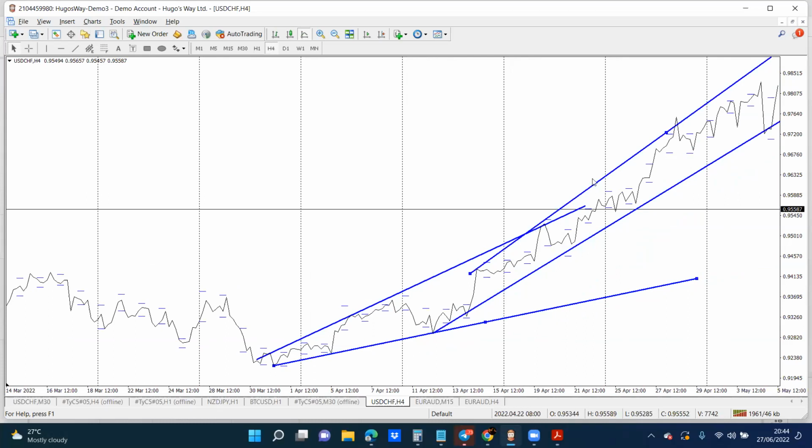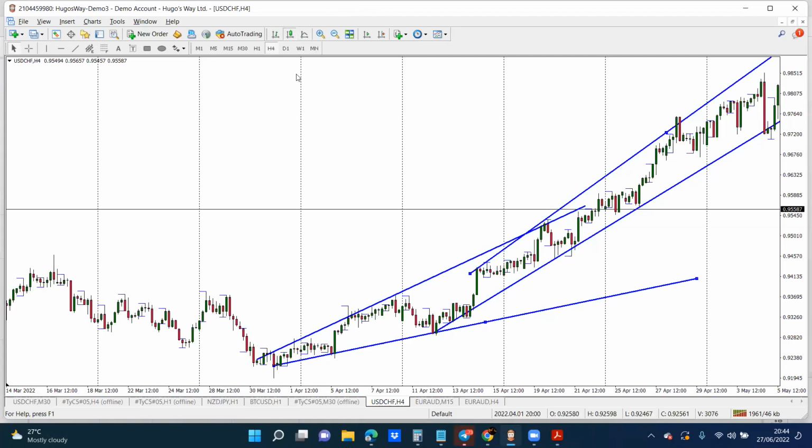This is in hindsight. I'll show you guys how to do it in real life, but this is in hindsight, just to explain. So it's more or less like I cherry picked here. So look at what happened. Price bounced here once, bounced here the second time.